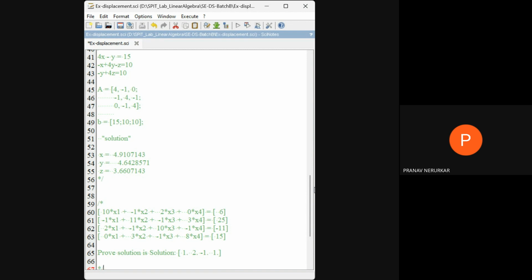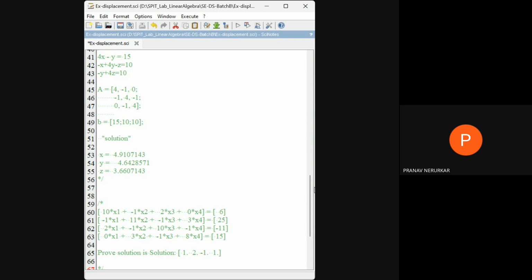Substituting the solutions in this linear equation, are we getting left hand side equal to right hand side? x1 is 1, so if x1 is 1, then 10 minus 2 times minus 1, which is 8 minus 2 is equal to 6.